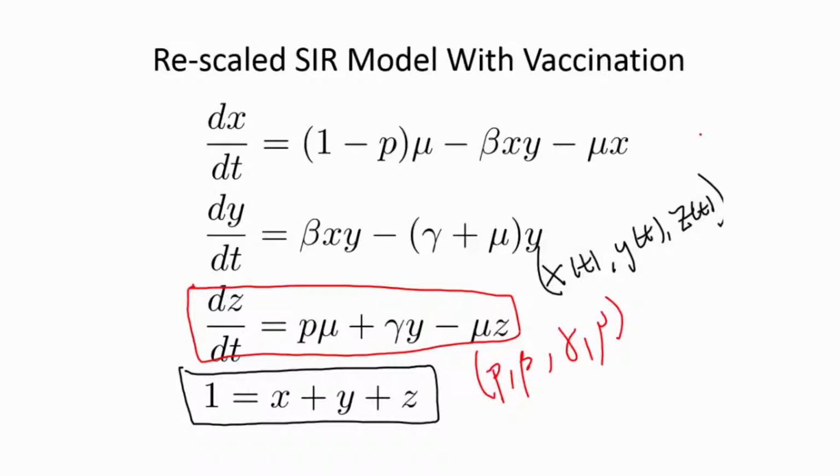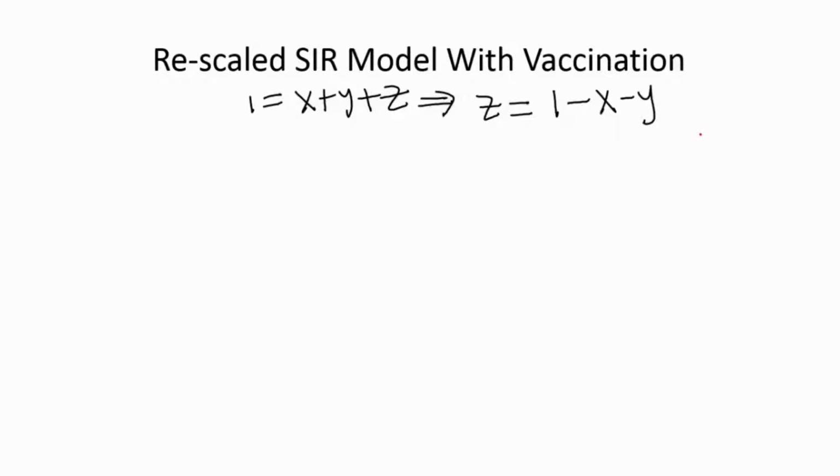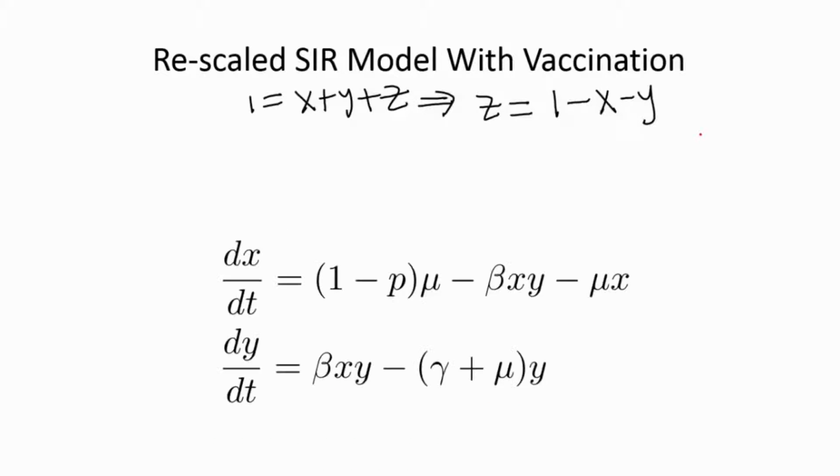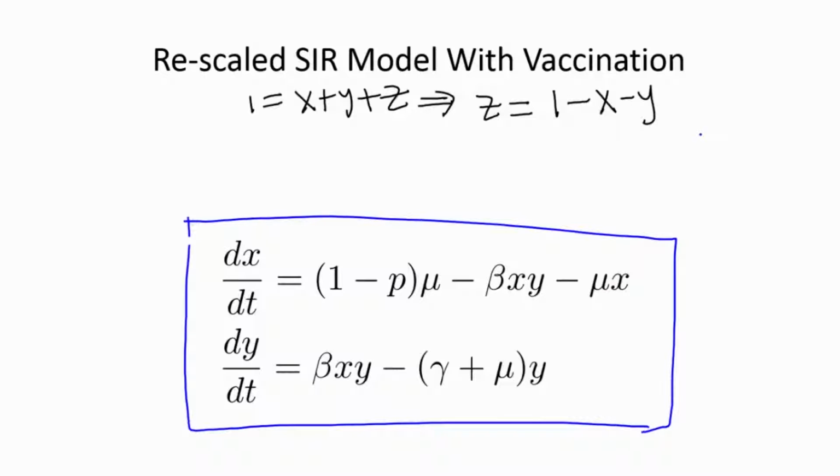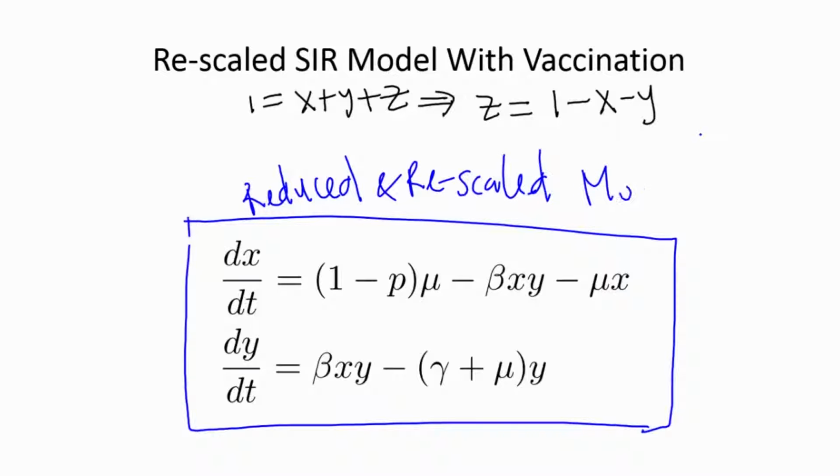So basically, because z only appears on the last equation, z as a state variable is redundant. And because it's redundant, that means that we can actually do without that state variable. So we can simply work with the 2 equations that involve state variables x and y, okay? And so this is now what we would call a reduced and rescaled model, right?